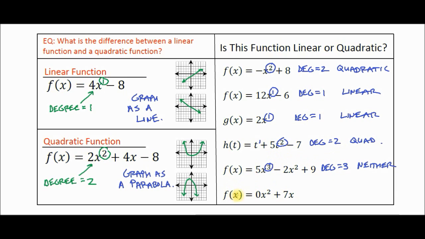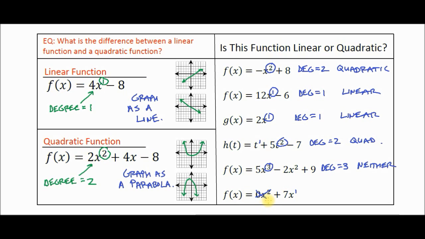And the last example, f of x is equal to 0x squared plus 7x. Now this one's a little bit tricky. We know that this x has an exponent of 1, and this x has an exponent of 2. But by putting a coefficient of 0 with this, you know that 0 times anything just gives you back 0, and that means technically this term does not exist.